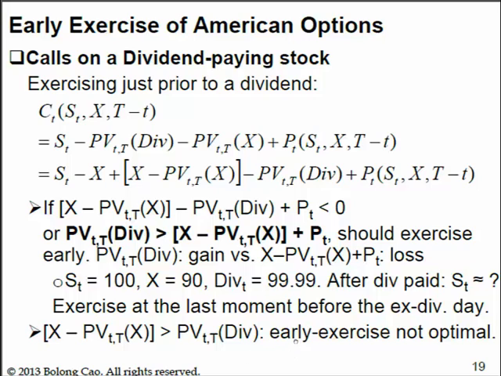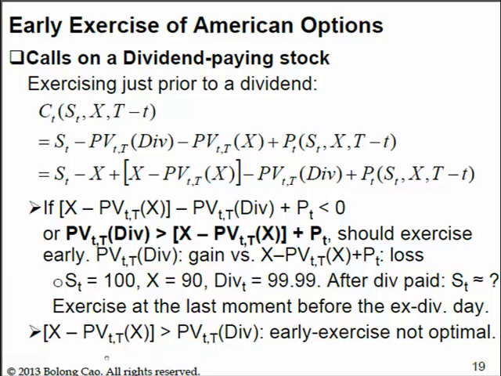Now, when early exercise is not optimal for an American call option on a dividend paying underlying stock, we can look at this one. Let's say this is the time value of money, and this is the present value of the dividend.